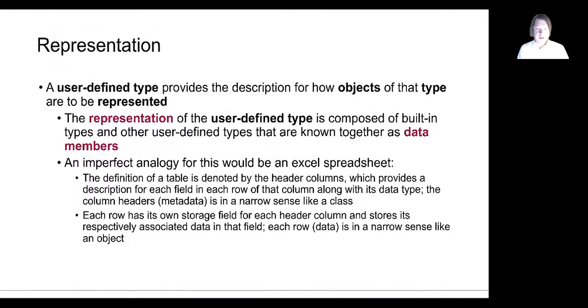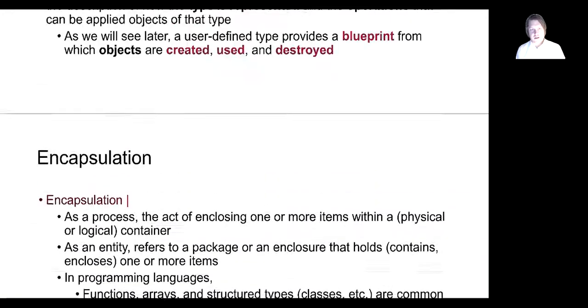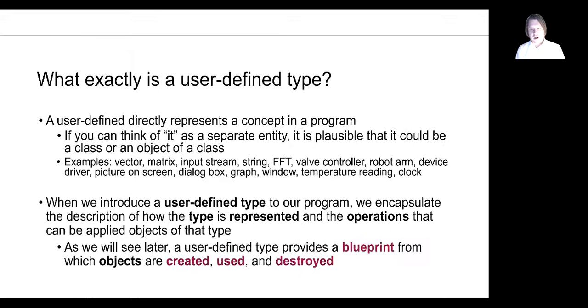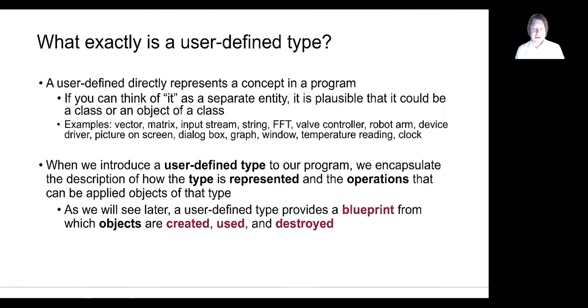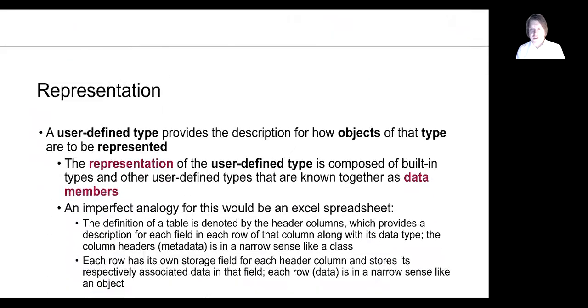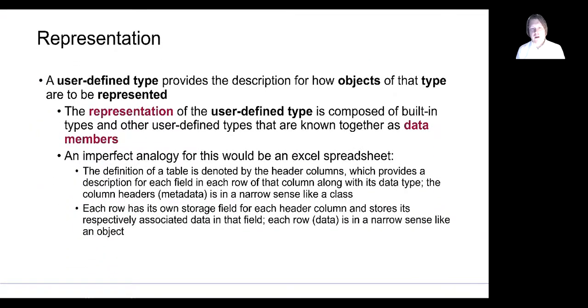So we said that essentially, we're going to talk about a user-defined type in terms of representation and operations. So the first component we'll look at is how can we represent something? A user-defined type provides a description for how objects of that type are to be represented. The representation of the user-defined type is composed of built-in types and other user-defined types that are known together as data members.